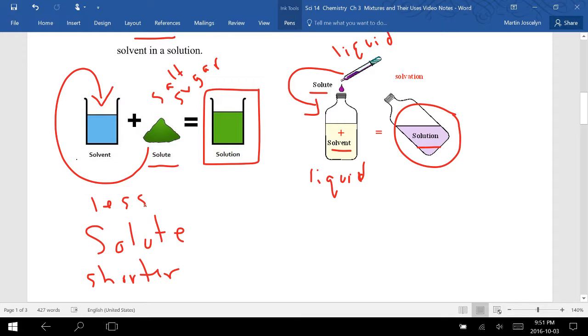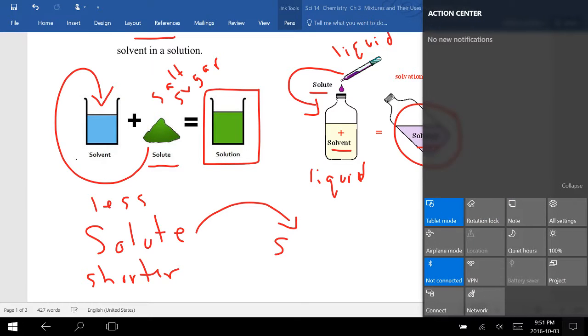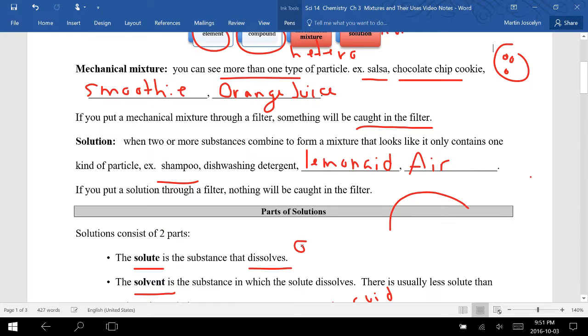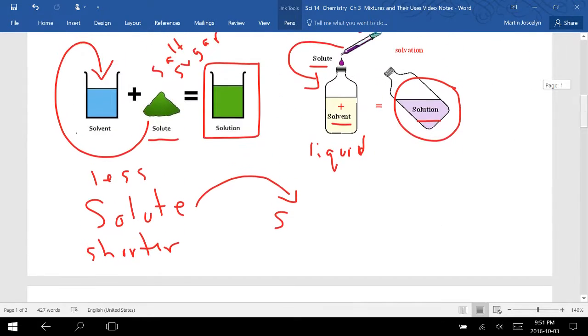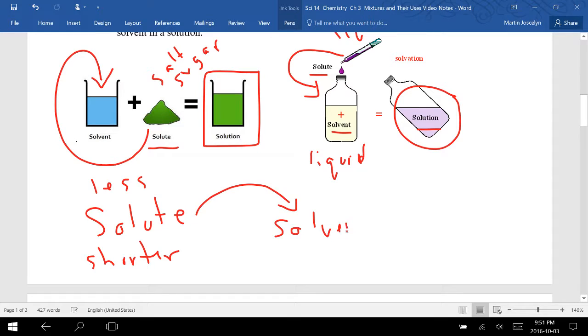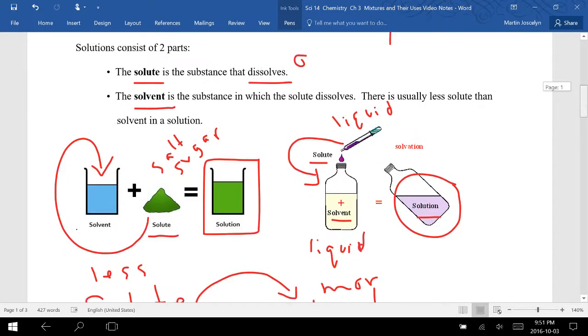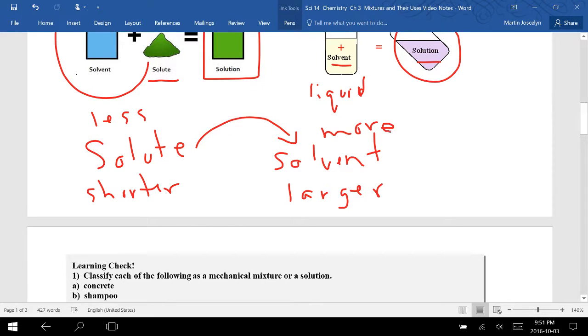And that goes into a solvent, which is my larger word. And there's usually more of it. So more of it, that equals a solution.